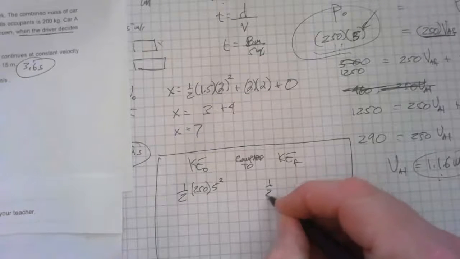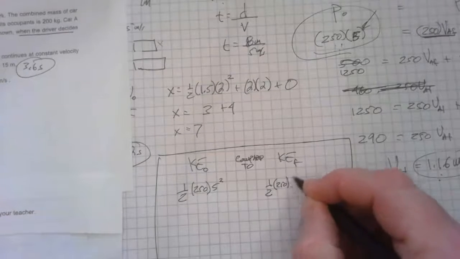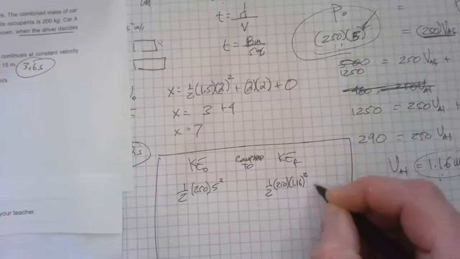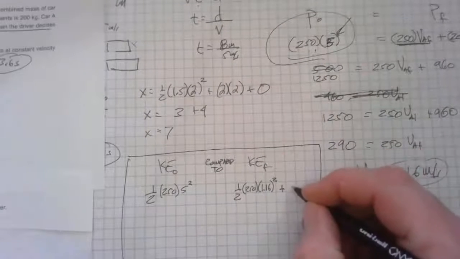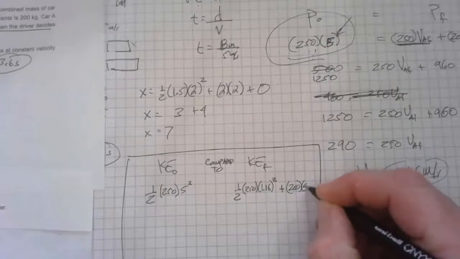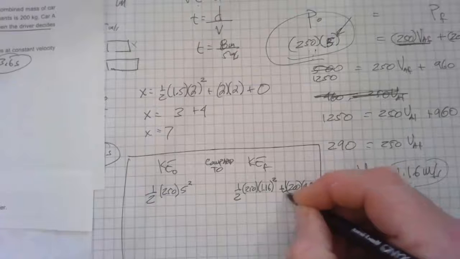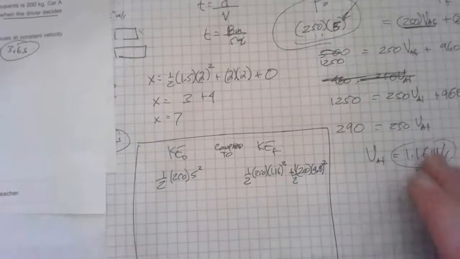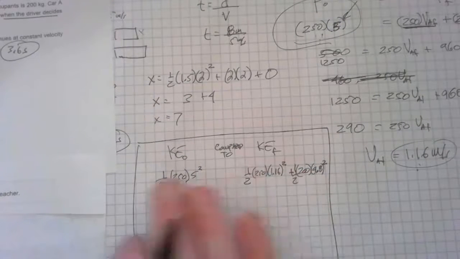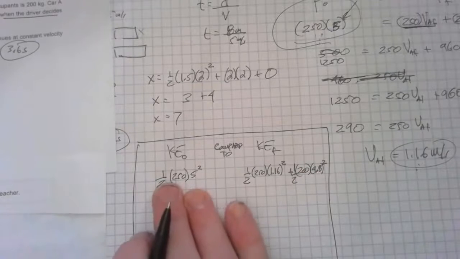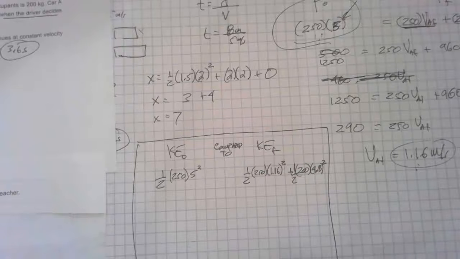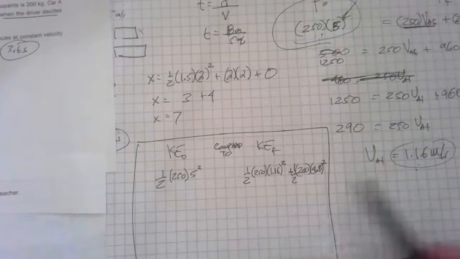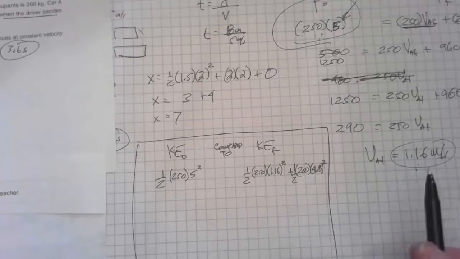That's 1/2 times 250 times 1.16 squared, plus car B. After the collision, car B's mass is 200 and it was moving at 4.8. We've got to be careful. This is kinetic energy, 1/2 mv squared. I'm checking to see if this number and this number are the same. If they are, then it is a truly elastic collision. If they're not, then it is an inelastic collision. Some energy was lost. Presumably, this should be less than this, or somebody had an engine or something that could have added external energy, but probably less.